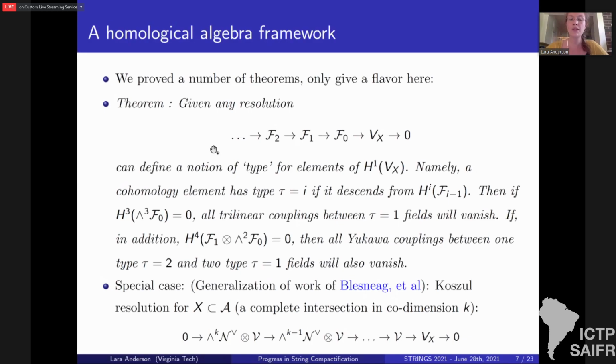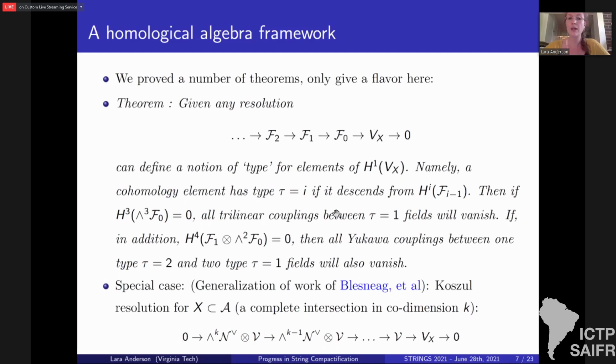So in general, what we said is, given any resolution of a bundle, this is a description of your simple bundle over the Calabi-Yau in terms of some data, possibly bundles on an ambient space, possibly simpler sheaves, line bundles, abelian gauge fields, anything that's giving you easy information about this. If you can package your bundle in terms of a resolution, then we can filter the bundle-valued one-forms according to the data of that resolution.